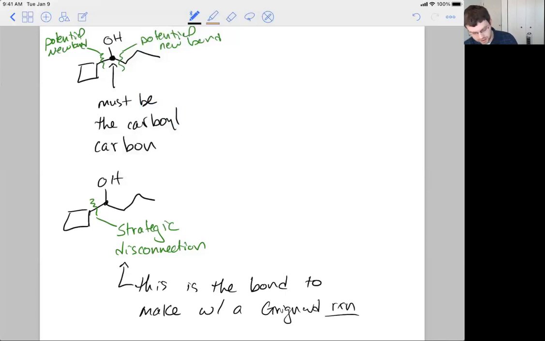This is the bond to make under a Grignard reaction. Okay, so let's work backwards then and say, what are the two things that I am going to mix together to give rise to this alcohol?